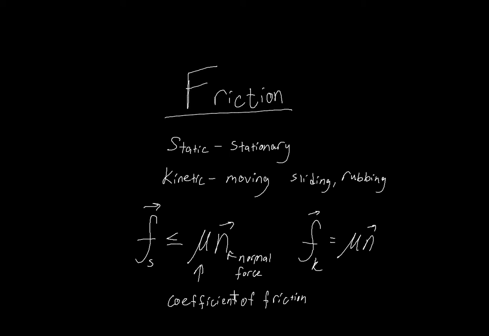One thing to note is that mu, the coefficient of friction, is unitless, so it doesn't have any sort of units to it. No newtons, no meters per second, no kilograms, nothing like that. Mu is a unitless quantity. The other thing to know about the coefficient of friction is that it's always a small number.